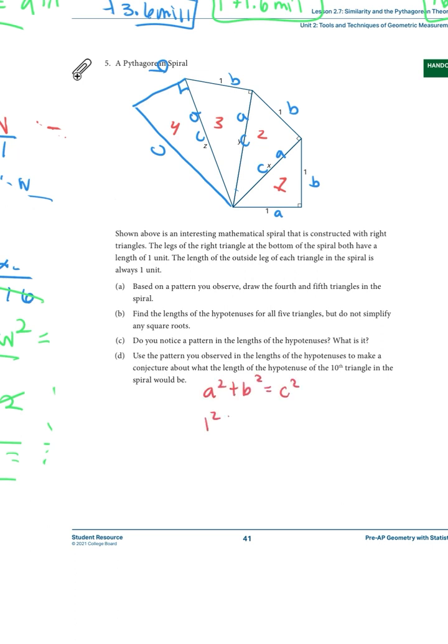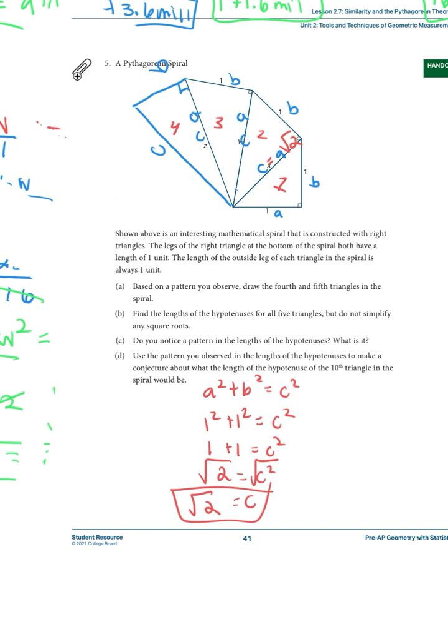So that is 1 squared plus 1 squared is equal to C squared. 1 plus 1 is 2. Then you take the square root of that, so you get that C is equal to radical 2. So my C here is radical 2. You would do the same thing for triangle 2, triangle 3, and triangles 4 and 5.